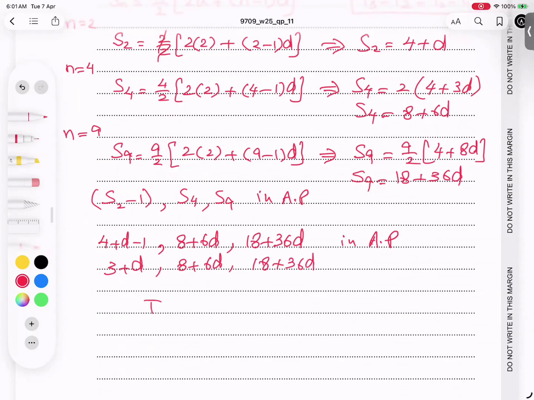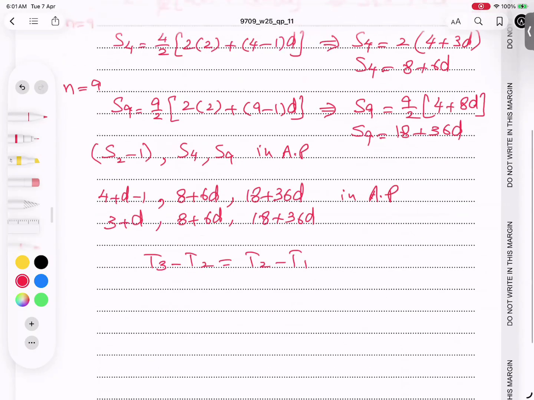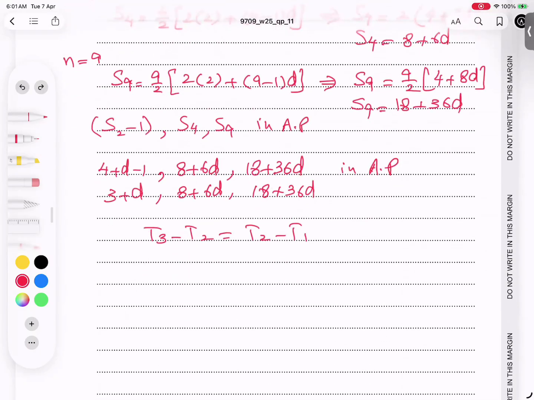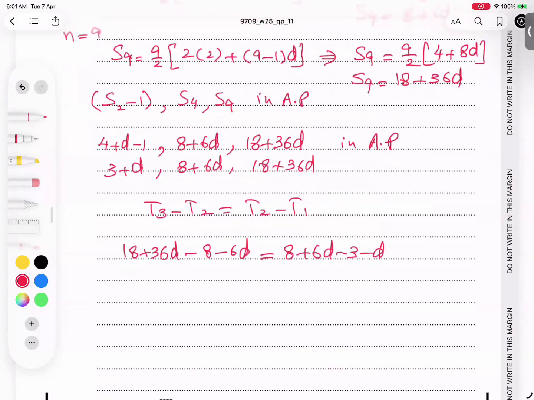Now I can say T3 minus T2 is equal to T2 minus T1. So I'm copying here: 18 plus 36D minus 8 minus 6D. Why minus both? Because there is a minus outside, that is why. Equals 8 plus 6D minus 3 minus D. I bring all D values on one side: from 36 subtract 6, again subtract 6 and plus 1.